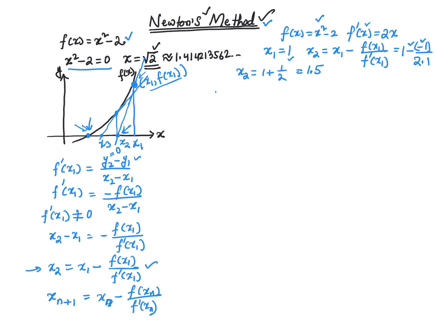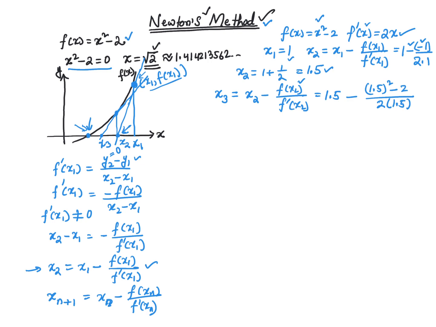Now let's find x3. It is going to be x2 minus f of x2 divided by f prime of x2. My x2 is going to be 1.5. So 1.5 minus f of x2, which is 1.5 squared minus 2, divided by f prime of x2, evaluated at 1.5, so 2 times 1.5.